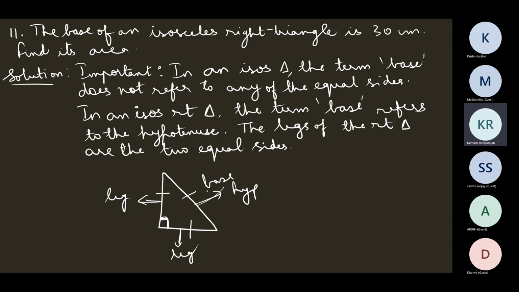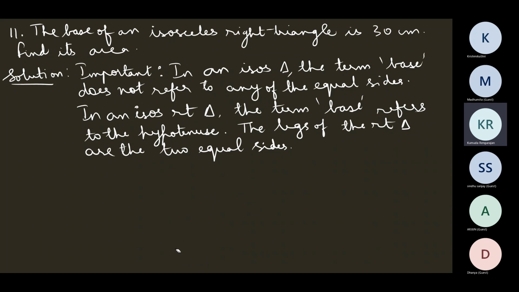Because what is the base? Not any of the equal sides. So the hypotenuse is the base, and the equal sides are the legs. Is it fine, children? Understood? Yes, ma'am.